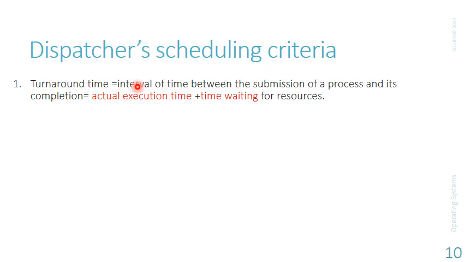In class I made people try to read it and explain it to me, so you can do that at home as well. You can see that turnaround time is the whole execution time plus any time that you'll be waiting for resources or waiting in the ready list. If I'm going back and forth between ready and running, I'm going to take into consideration all the time that I'll be spending inside the ready state as well, and any time spent in the blocked state, to know the overall turnaround time.